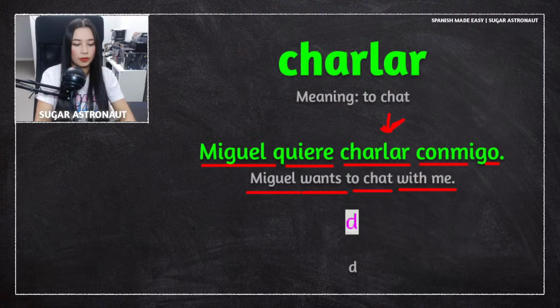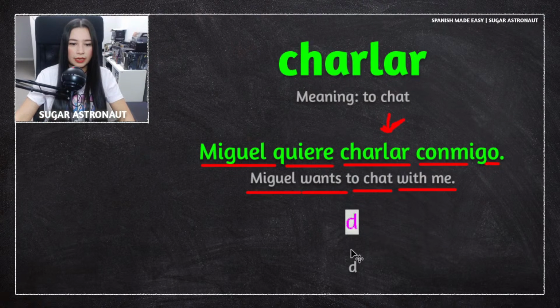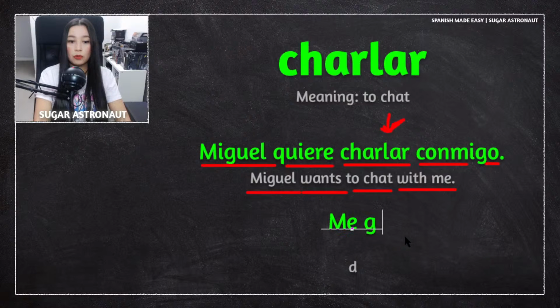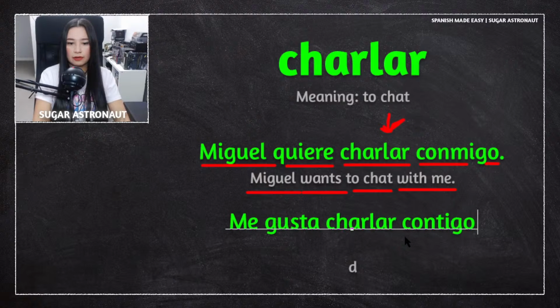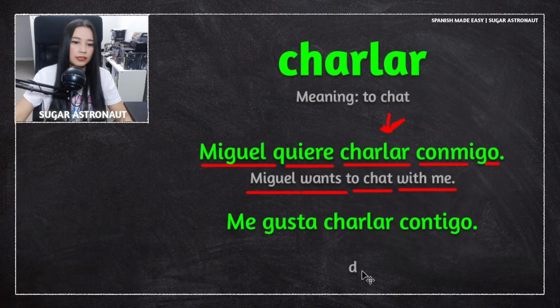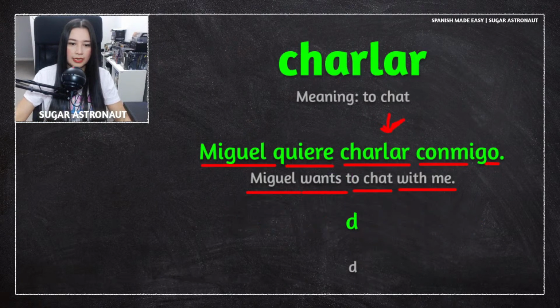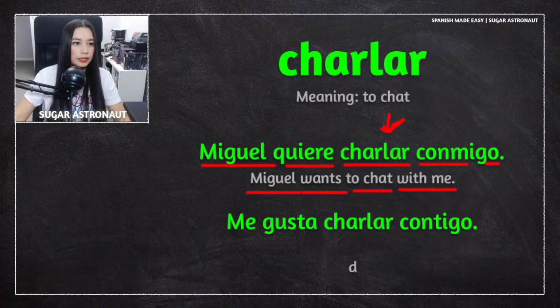So you can say something like, me gusta charlar contigo. Okay? So this is a common thing to say in Spanish, of course. If you like or if you enjoy talking to someone, okay?